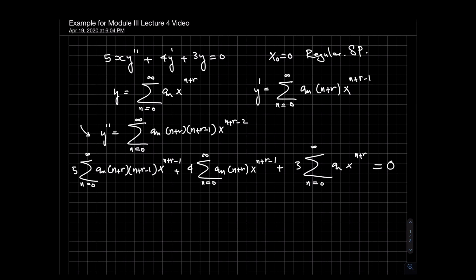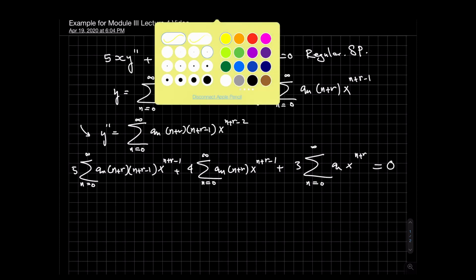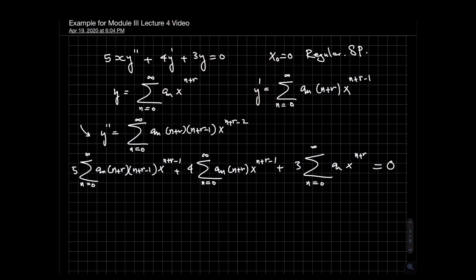Now, you notice here, x to the r could come out of the entire thing. So why don't we do that? Because ultimately the r's I need, which will lead me into what's called the initial equation that will allow me to find r's, is independent of this x to the power of r that happens to be common in all 3 of these, and it happens to be a constant with respect to the summation.